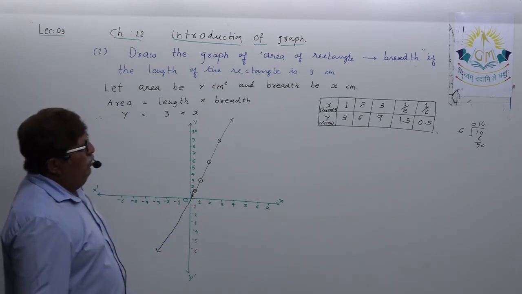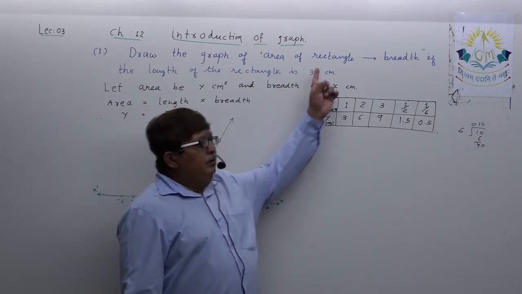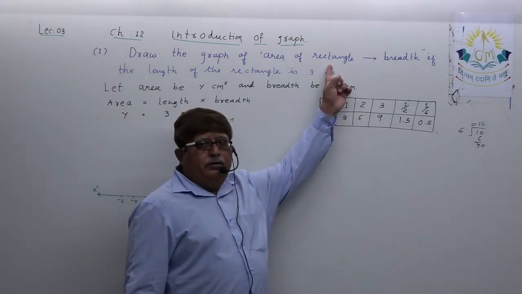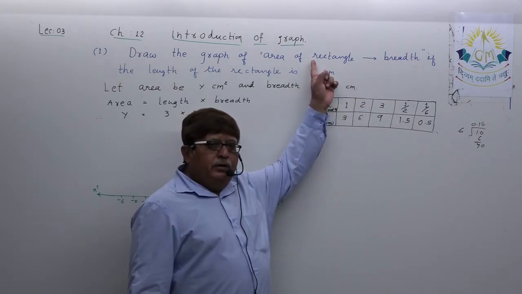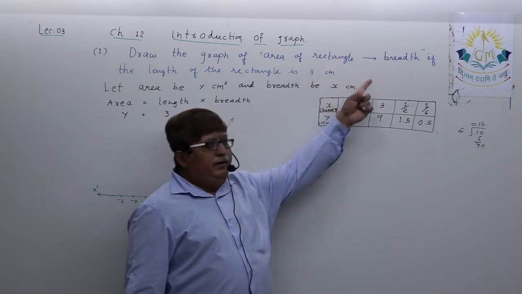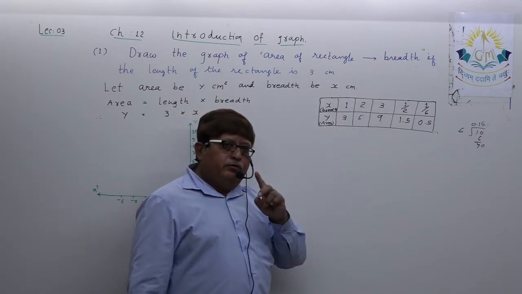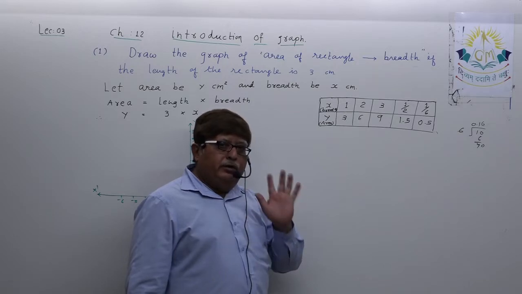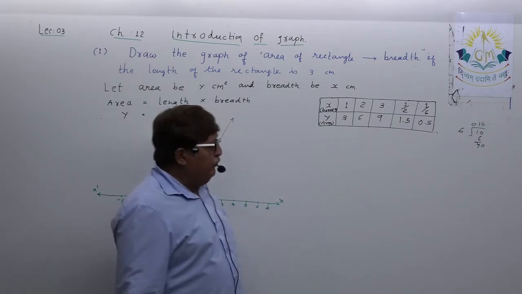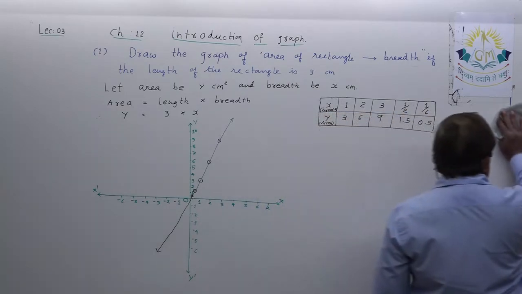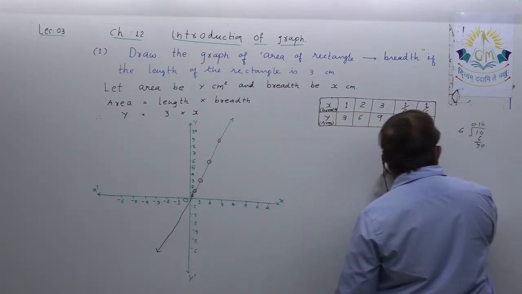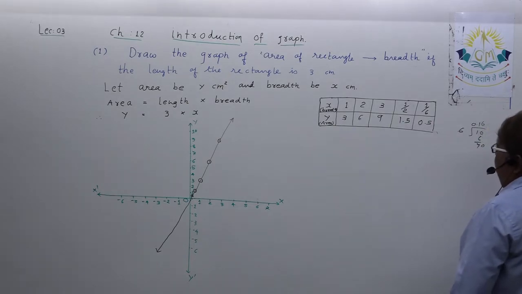Always remember one thing: whenever you are given two variables in this way, the first one has to be taken as y and the next one should be taken as x. So you just see the graph, dear student. Let us move to another graph.